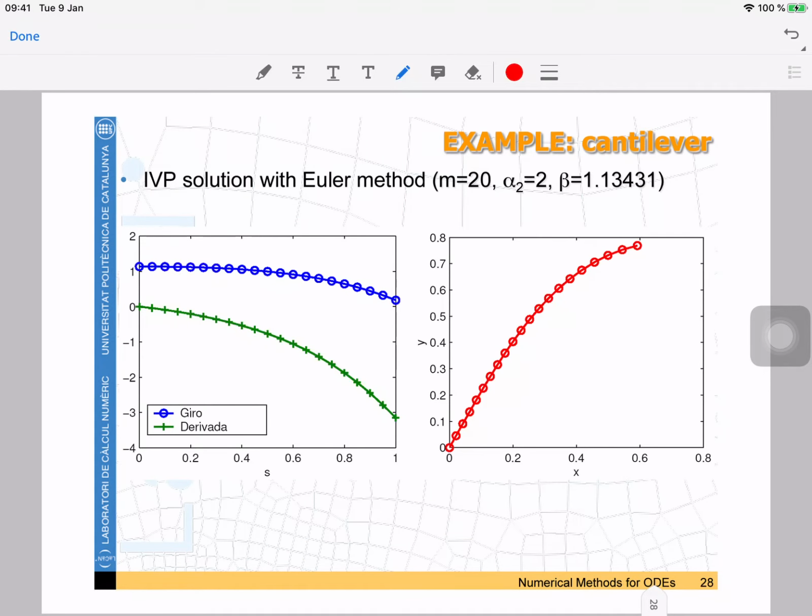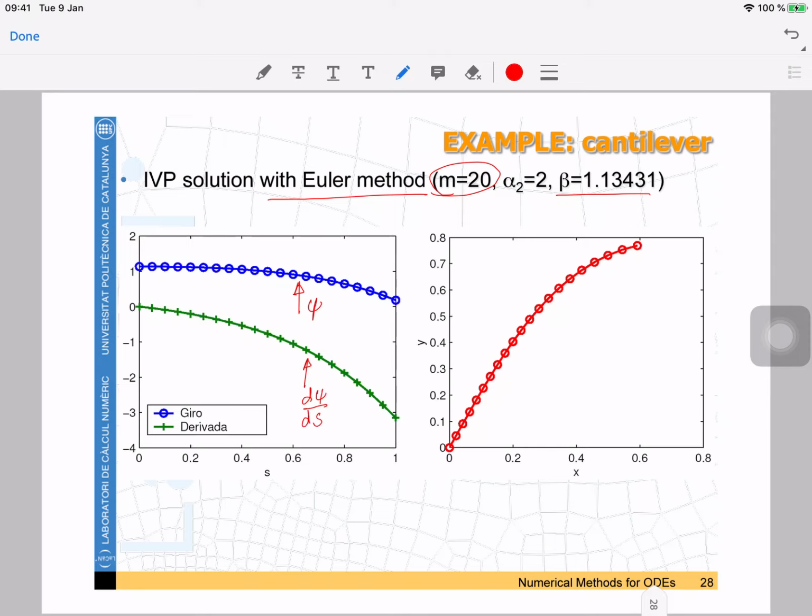Here is the solution of our first order ODE system for the cantilever beam. Here we consider the Euler method for solving our first order system with M20 and beta 1.13. So basically here in this graph, the blue graph is psi, or the slope, and then the green one is the derivative of psi with respect to s.